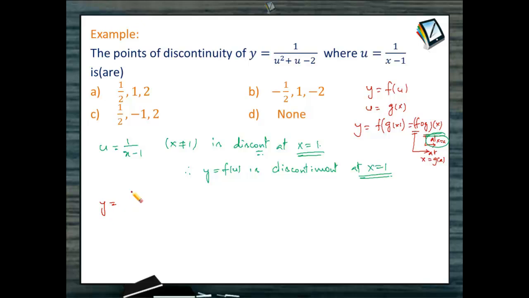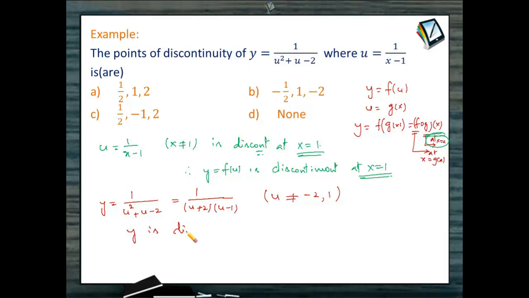Where is the function y equal to 1 by u square plus u minus 2 discontinuous? If I rewrite the denominator as u plus 2 into u minus 1, then shall we say u cannot be equal to minus 2 or 1. So what happens now?